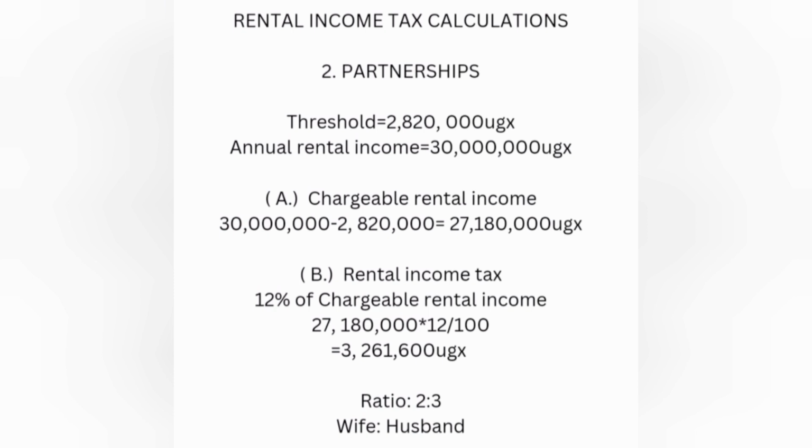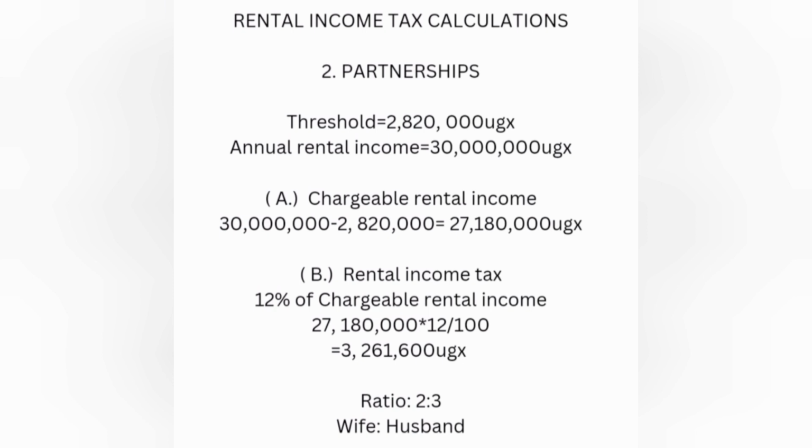Like I told you, URA cannot tax you on amounts that are below the threshold. So we subtract the threshold, which is 30 million minus 2,820,000, and we get 27,180,000.